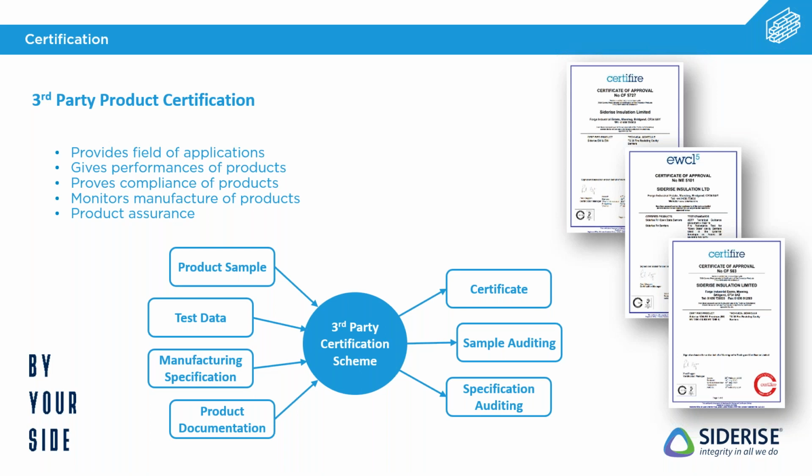But even if they weren't for any reason, they will be picked up very quickly, and then either the certificate may be withdrawn if they think it's going to make a difference, or you retest before you implement those changes and then submit that as a proposed change to be included within that certification. So third-party product certification gives you, as a consumer of these products, peace of mind that the product is going to give you the performance it did when it was tested for the lifetime of that product being manufactured.